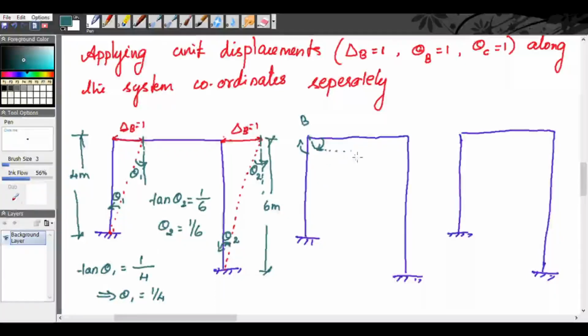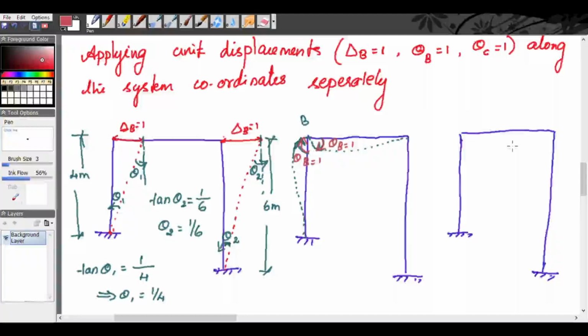So your displacement will be like this. So this is clockwise rotation, and here also this is clockwise rotation. So you get theta B is equal to 1, and here theta B is equal to 1.